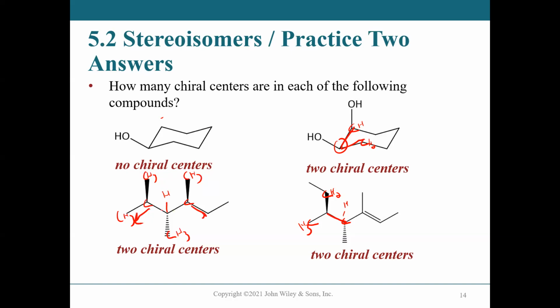Now this path is a little different now, isn't it? We have a CH2, which is different than this side over here. So that's why there's a chiral center right here. This is not the chiral center there. That's why I'm putting an X through it. So we identified the chiral centers.